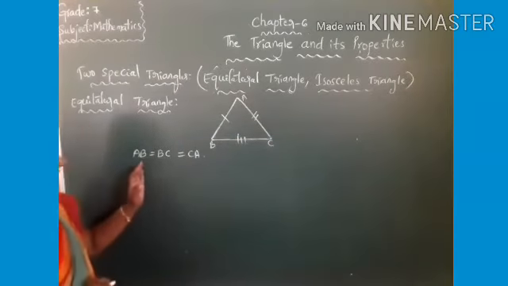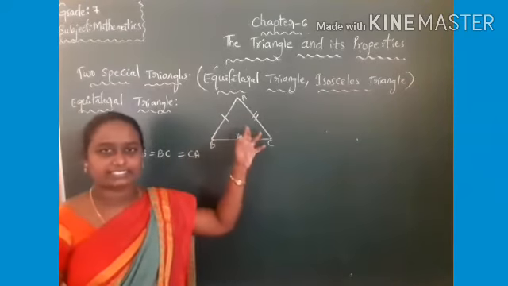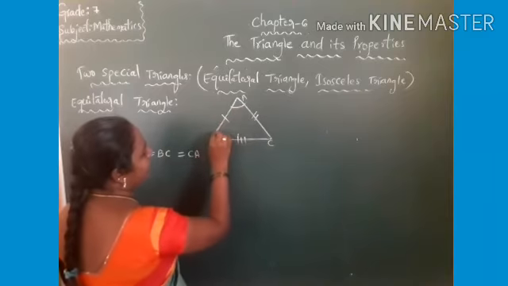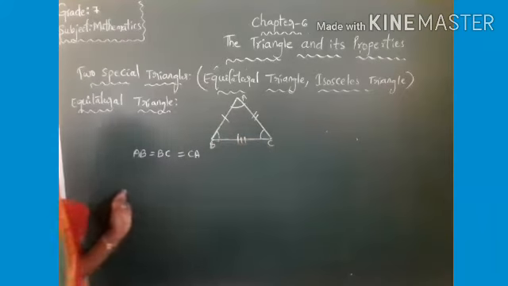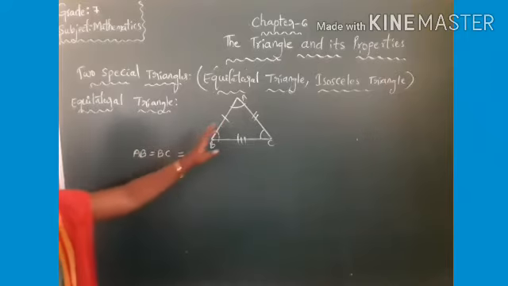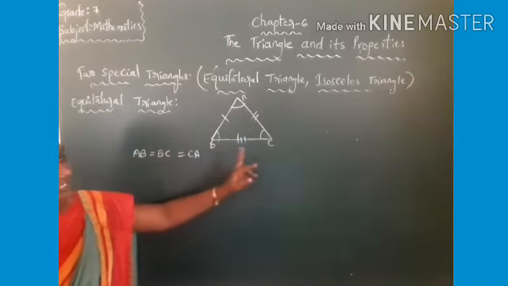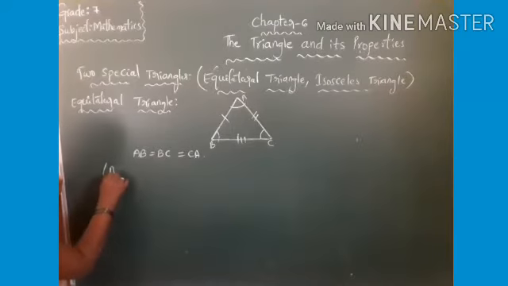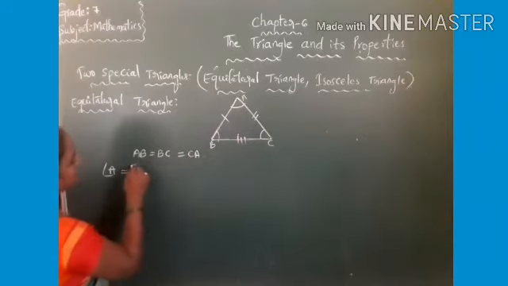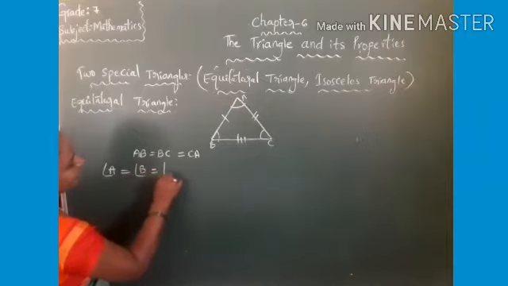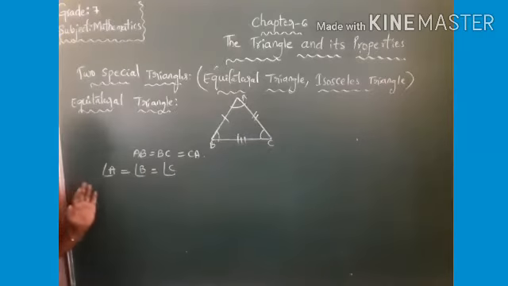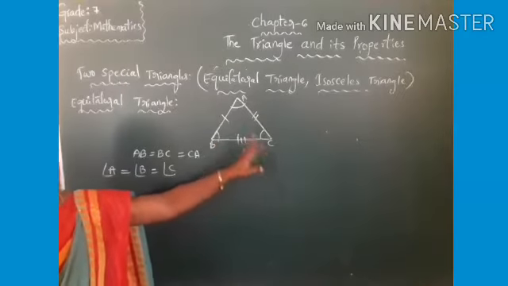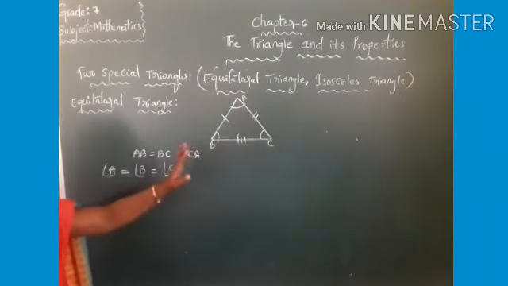Now children, what about the angles here? Yes, angle A, angle B, angle C: three angles in an equilateral triangle. So angle A is equal to angle B is equal to angle C. Why are these three angles equal?